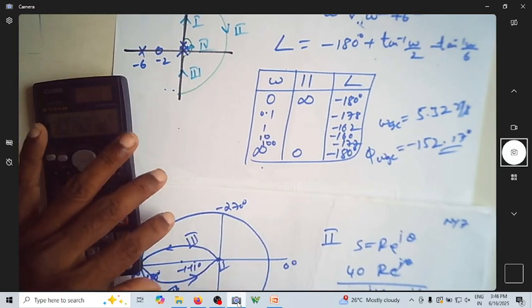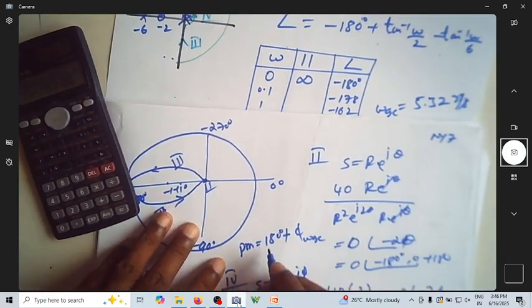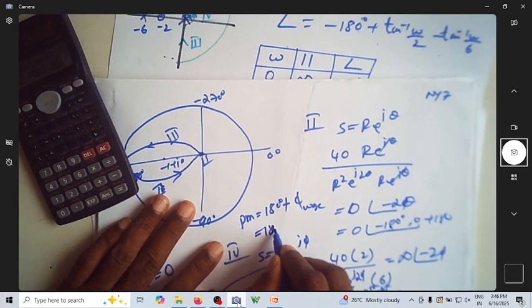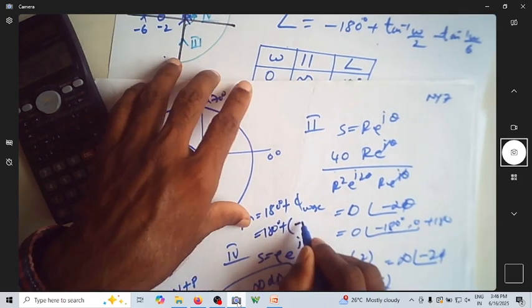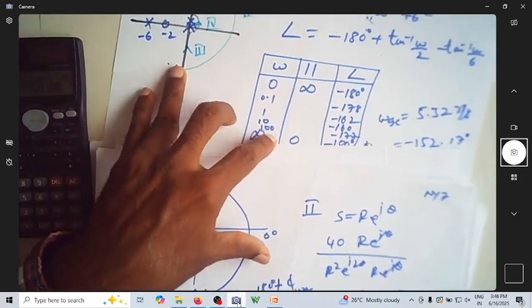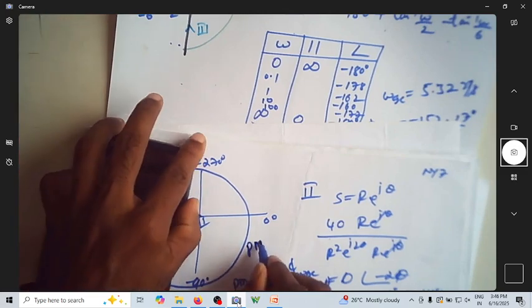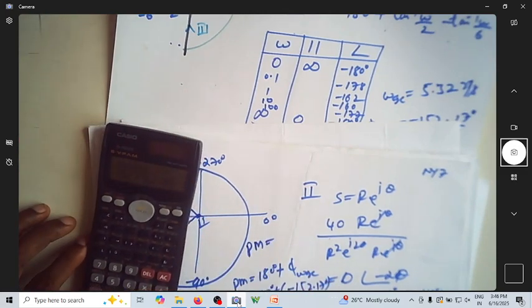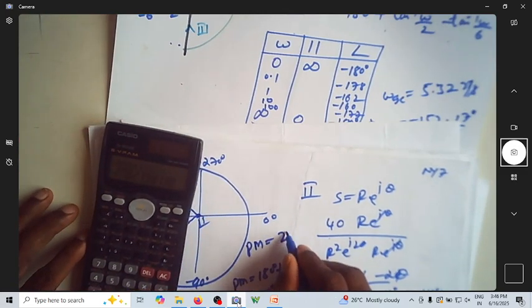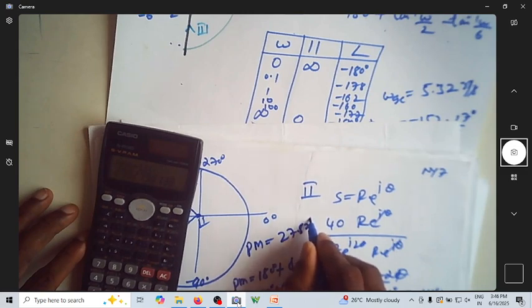So what is phase margin? Phase margin now is 180 degree plus minus 152.17 degree, which is 27.82 degrees.